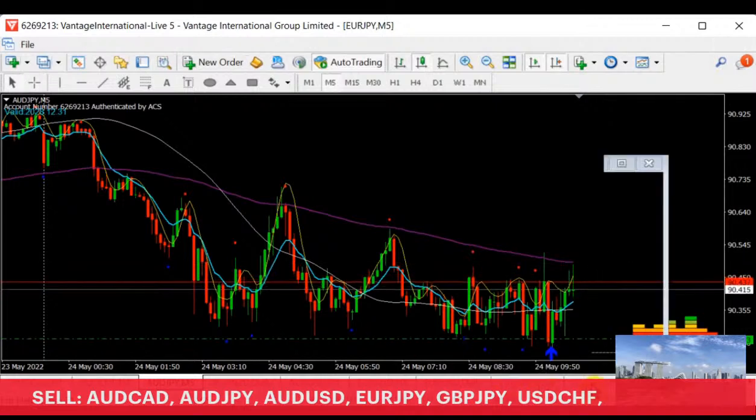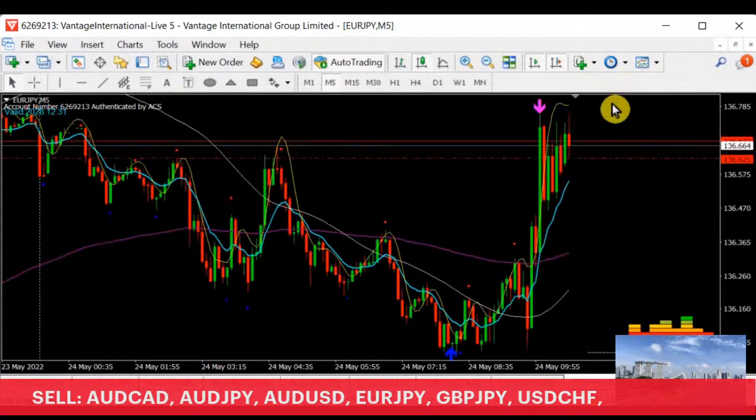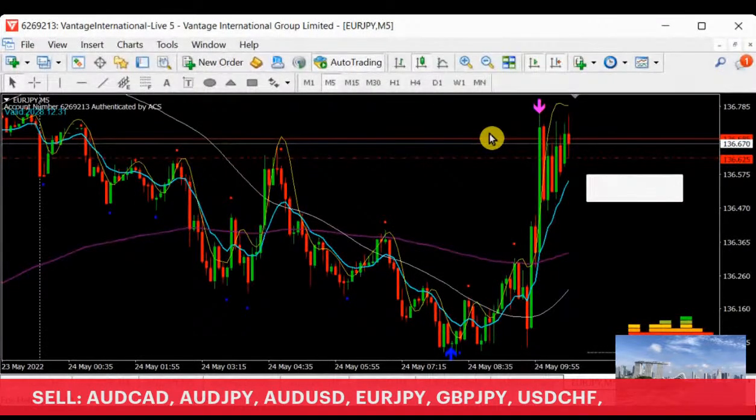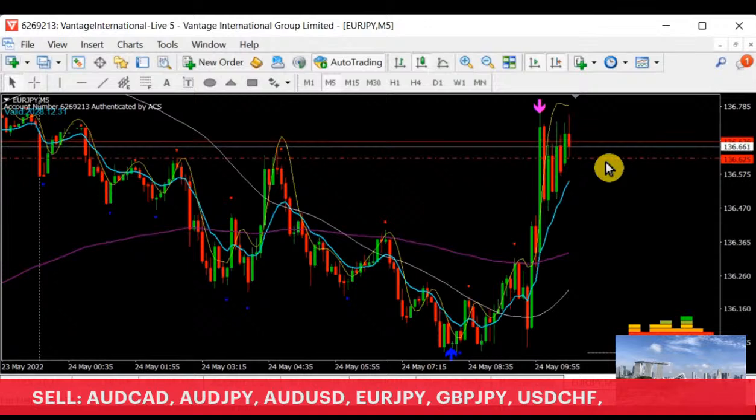So Euro yen, now we are retesting. Can you see the candle is retesting the previous resistance? Will it become a support? Let's wait for another 2 minutes.